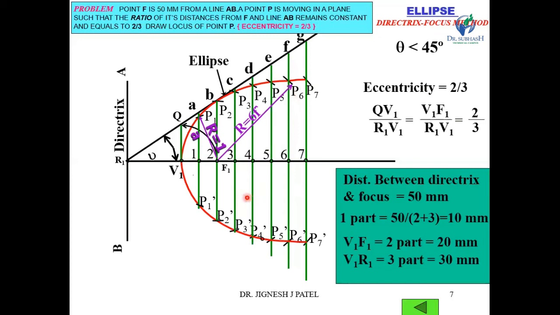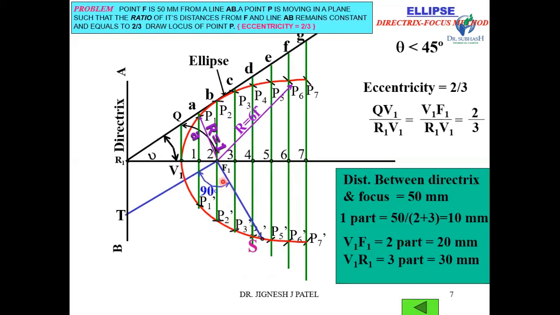Now how to draw the normal and tangent at any point of this ellipse? If you want to draw a normal and tangent at a point S on the ellipse, first of all join this point S with focus F1. Now from F1 draw one line perpendicular to this line SF1.